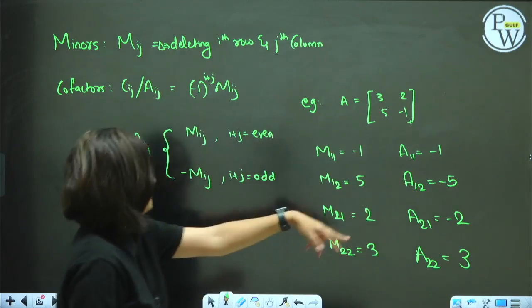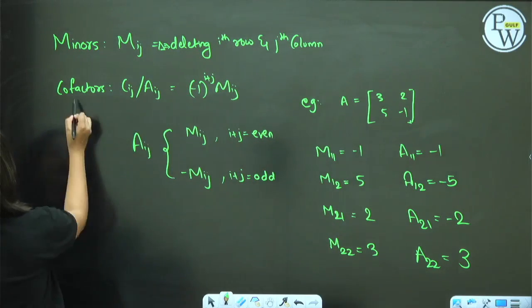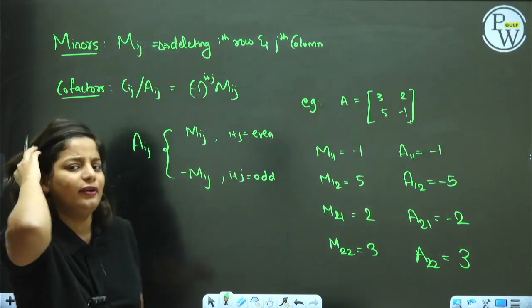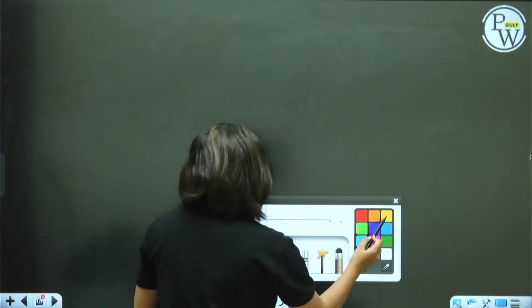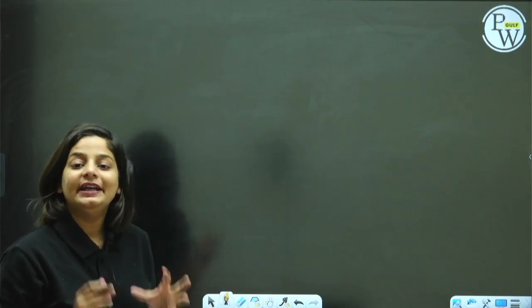Can you all see? A determinant, cofactor, minor. Now what is the significance of this minor and cofactor? Why are we suddenly studying minor and cofactor? That's because the definition of determinant is related to minor and cofactor. How come?